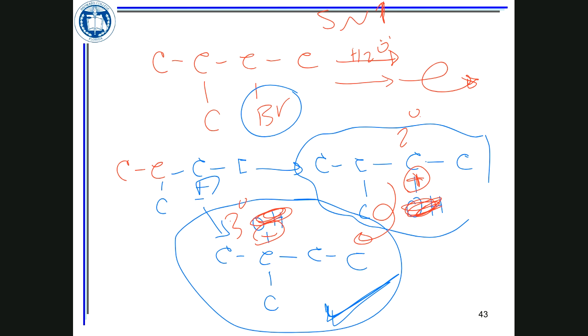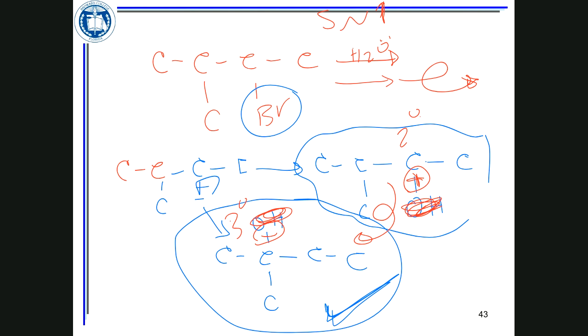But how did the plus charge move to the next carbon? The plus charge can shift to the adjacent carbon if there is a benefit. That means if you have primary going to tertiary, it will happen. If you have secondary to tertiary, it can happen.